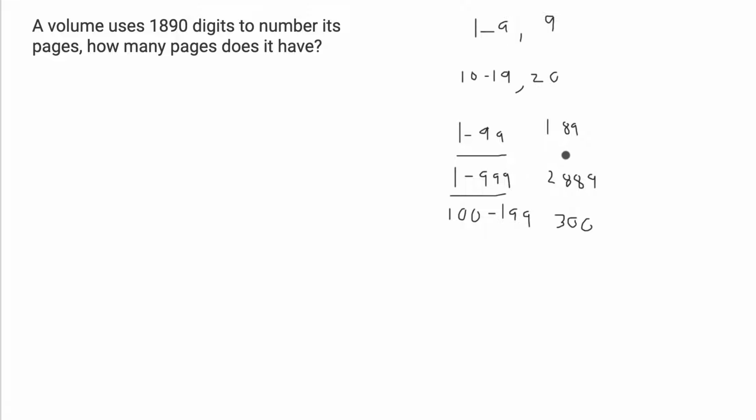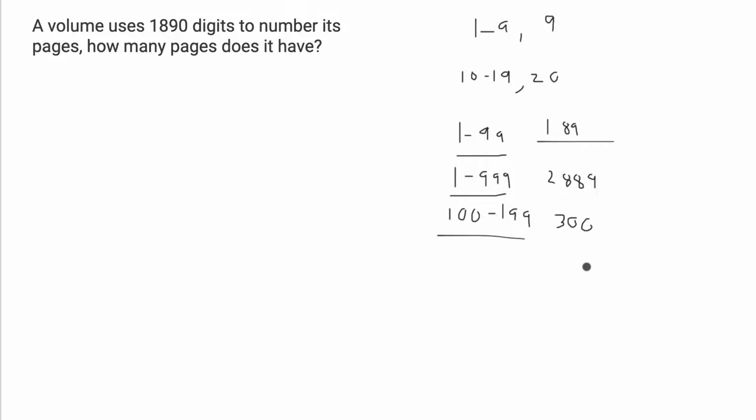Great. It looks like we're a little over half, so we can check this more precisely. If we start with 189, let's find the hundreds place. So let's add 300s, and we keep going.